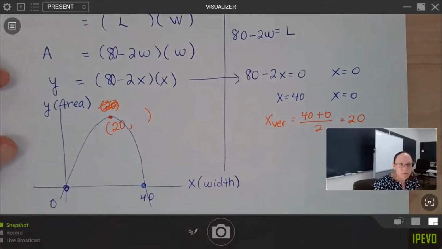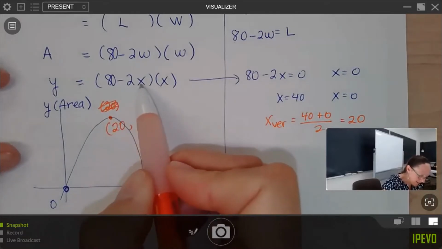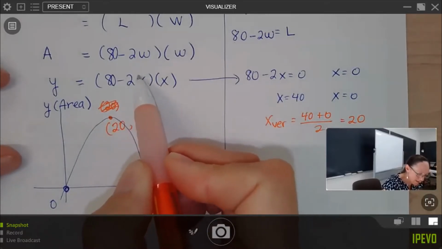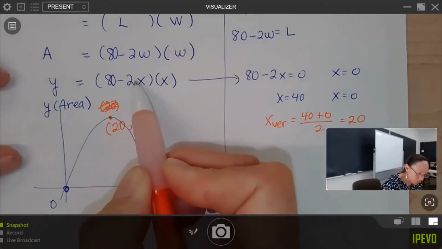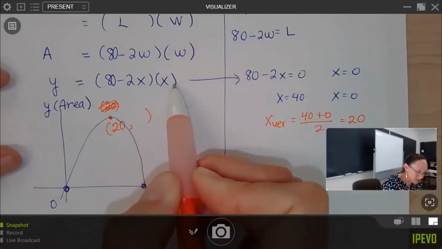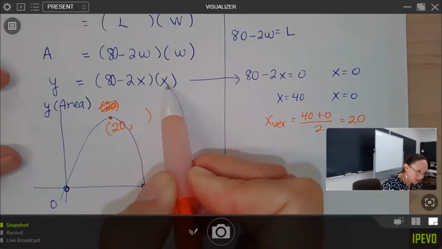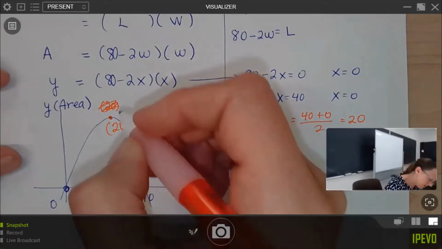And the y value of the vertex would be whatever we get when we plug 20 back in. So if I plug 20 in here, 2 times 20, that's 40. 80 minus 40 is 40. 40 times 20 is 800.